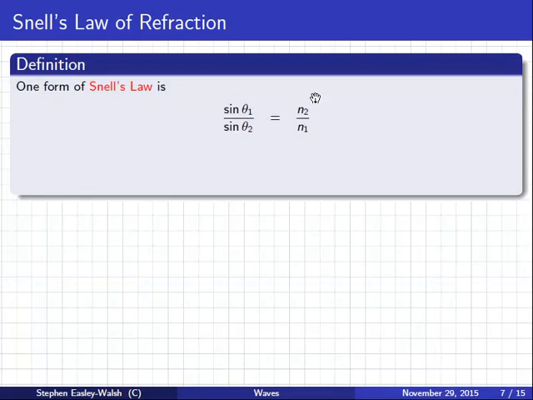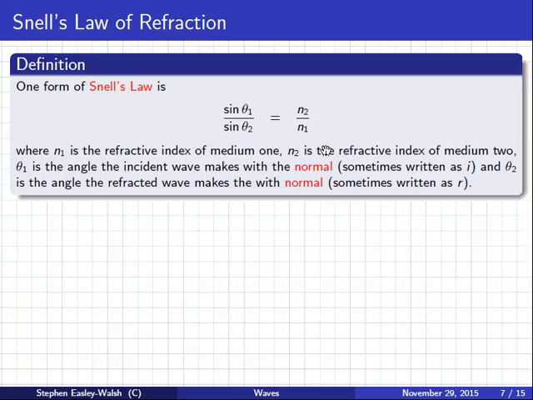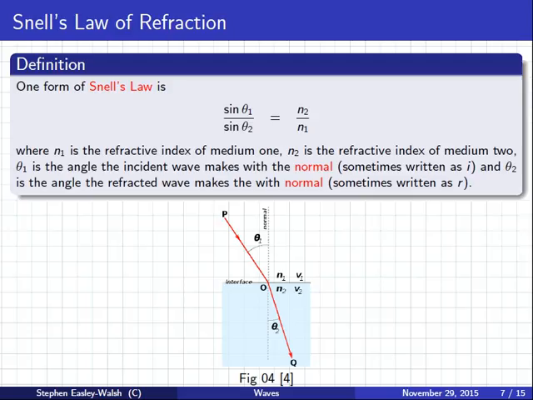That's one formula. There are other ways to write Snell's law. Oh, sorry, I should actually give you some more vocabulary. This theta 1 is sometimes written as i, and theta 2 is sometimes written as r.